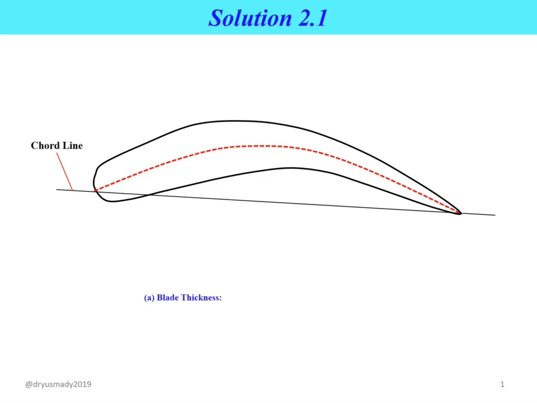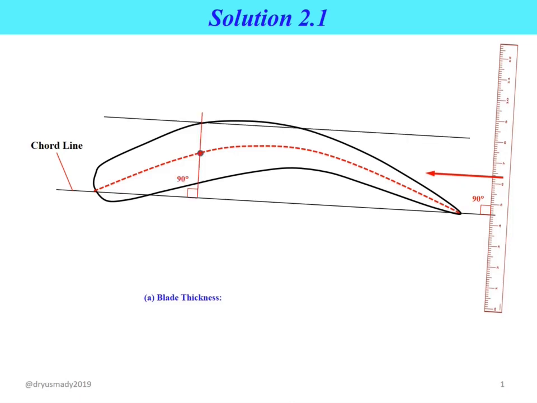So you get a line that we call the chord line. Okay, next step, take a ruler and make sure that the ruler is perpendicular to the chord line as shown in the slide. Then move the ruler along the chord line and identify the maximum distance of T. So that's how we obtain the value of maximum blade thickness.